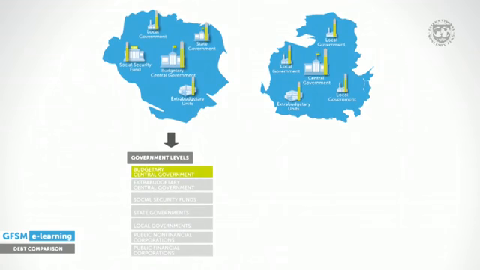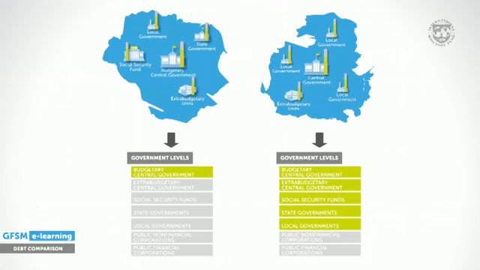Some publish only on the budgetary account, while others publish on the entire general government or even the whole public sector. The IMF has developed a matrix format that enhances transparency with respect to those two dimensions: the coverage of debt instruments and the coverage of levels of government.